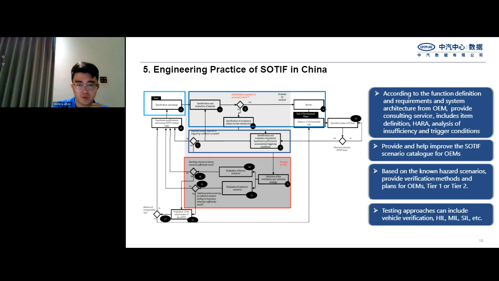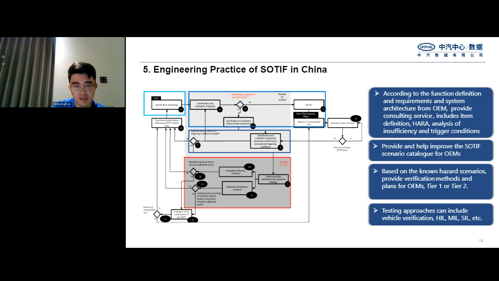We provide some consulting services, including item definition, error analysis of the insufficiency and trigger condition. And after that, we generate a scenario catalog for the OEMs or the tier ones so that they can use that for verification or validation.